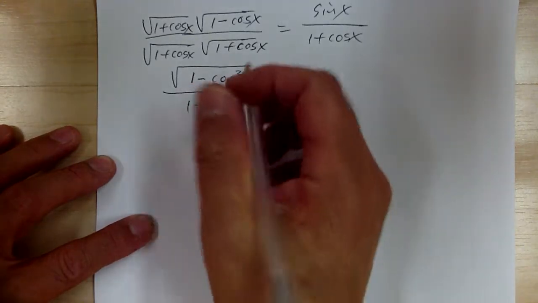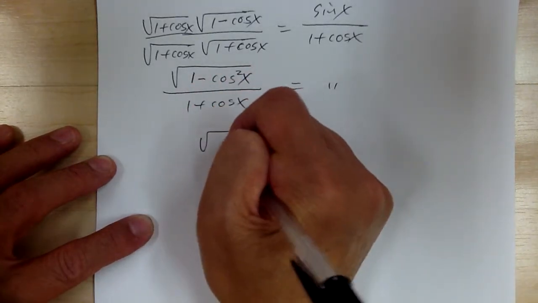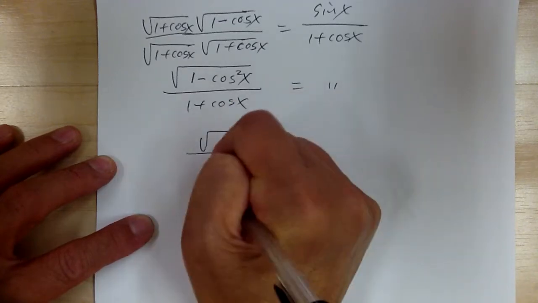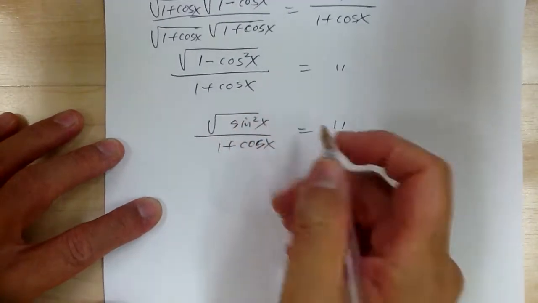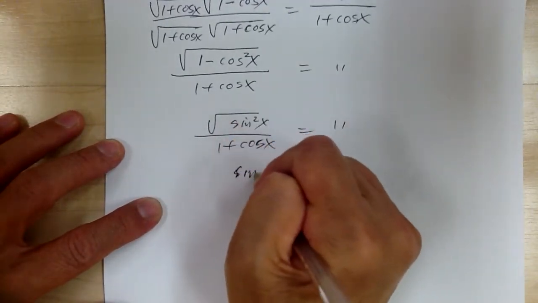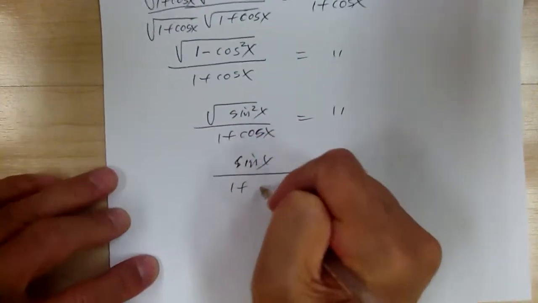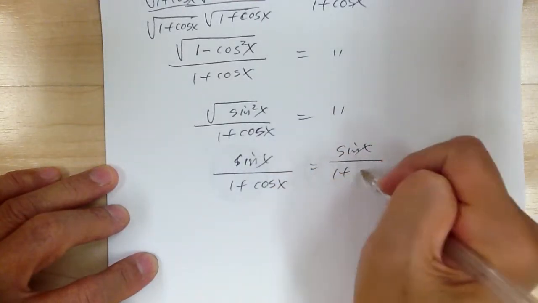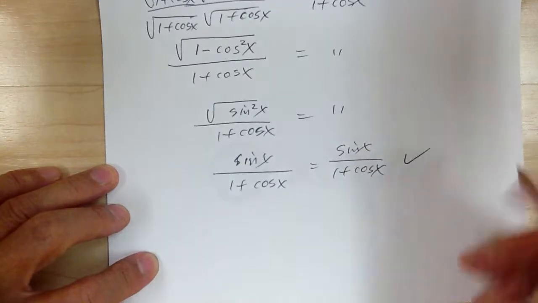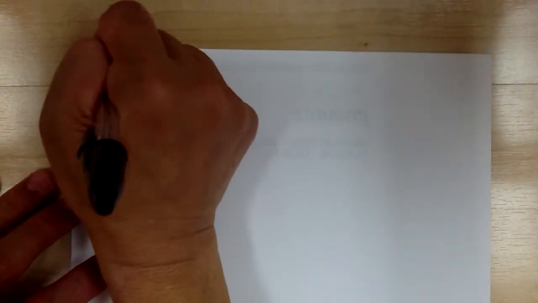So 1 minus cosine squared will equal sine squared, and the square root of sine squared will give you sine. And that's it. Okay, let's go to 29.